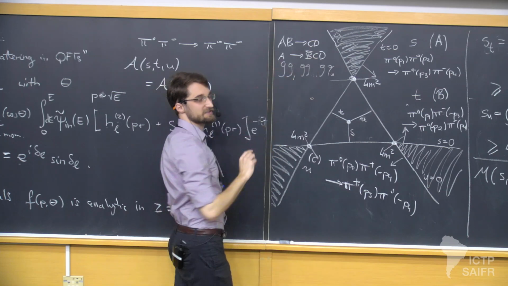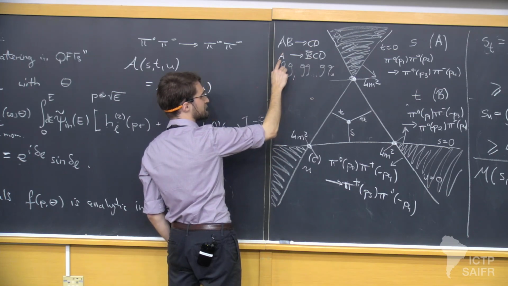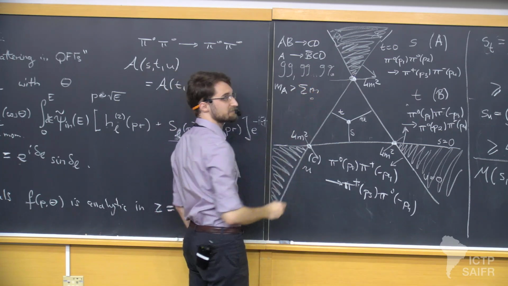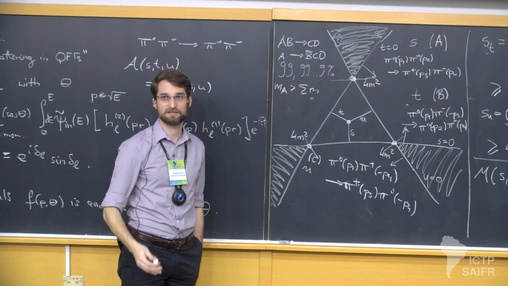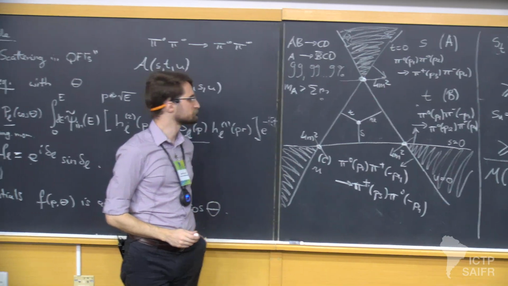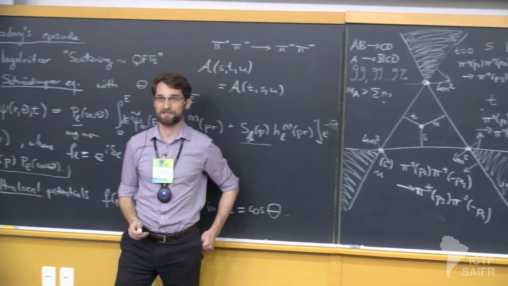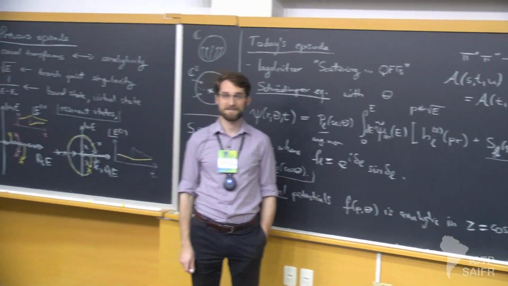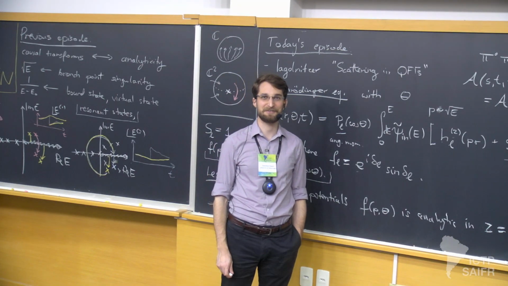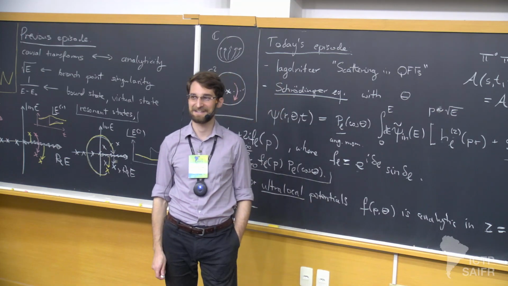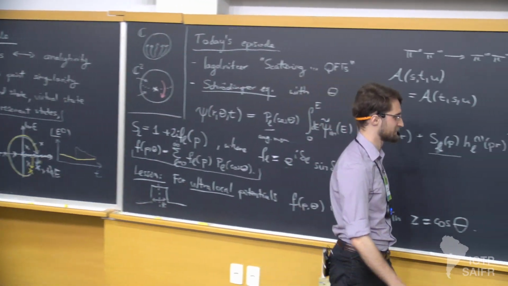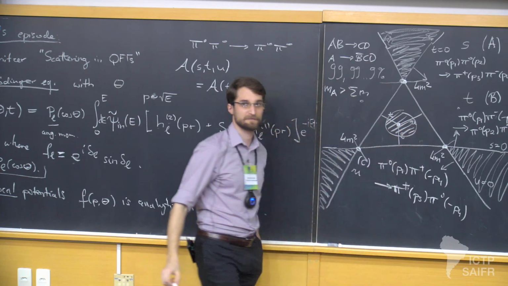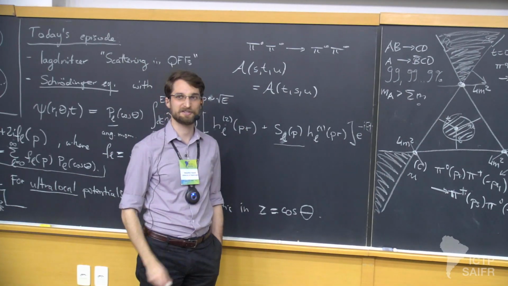Of course, for this process to be physical, the mass of A must be larger than the sum of masses of the products because it must decay, it must have phase space to decay. What's the region in the Mandelstam plane that corresponds to this crossed channel? Maybe that should go as the exam question. It's a tricky one. I'll give you the answer. It's here. So that completes this beautiful picture.